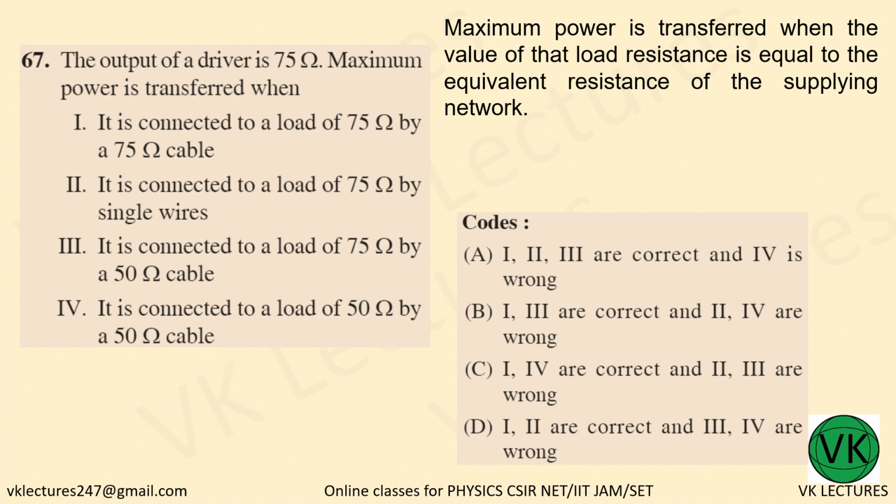Question number 67. The output of driver is 75 ohm. The maximum power is transferred when? Now there is a law of the network, that is an electronics law. That means if you have a network here, and this network is feeding some voltage to the load RL, and here you have the resistance R. That means the network has the total resistance equal to R and the load as RL.